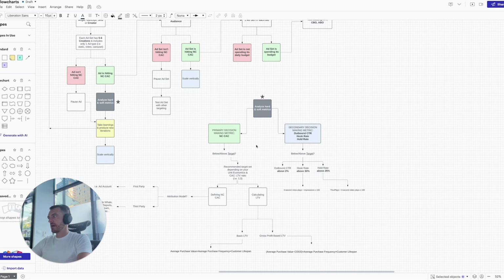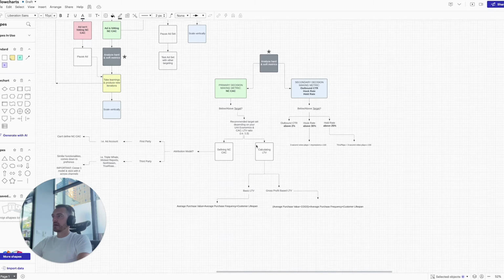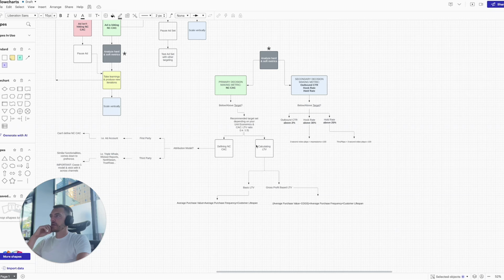I recommend you have that as well, except if you're not a brand that is working towards having the monetization happen in the back end through LTV in the long run, which of course is not a great idea because it's very hard to compete and be profitable on the front end only. So that's why I usually recommend having NCCAC as the primary decision-making metric.